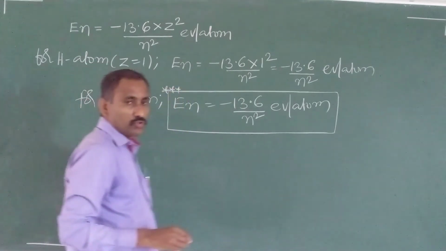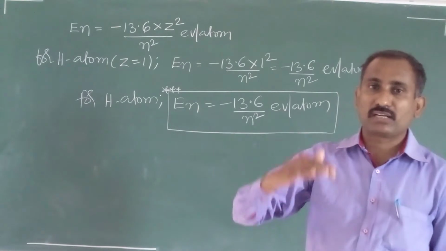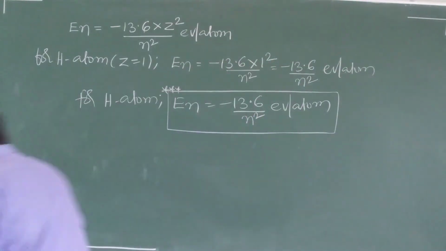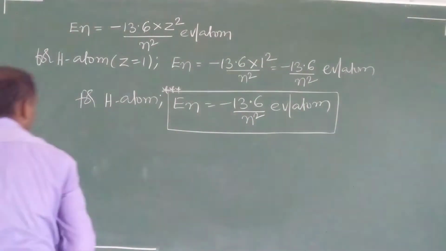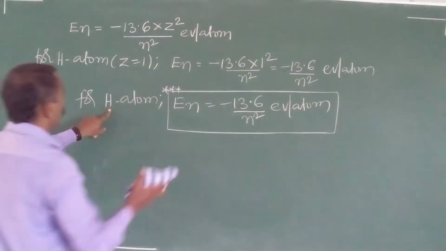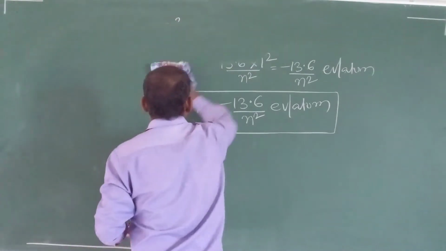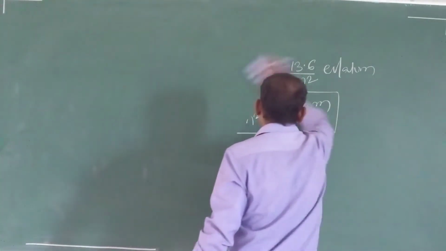In any atom, infinite number of orbits are there: first orbit, second orbit, like that. For understanding purpose, I am considering the energies of various orbits of hydrogen atom.